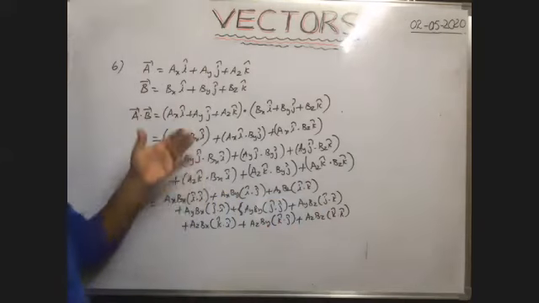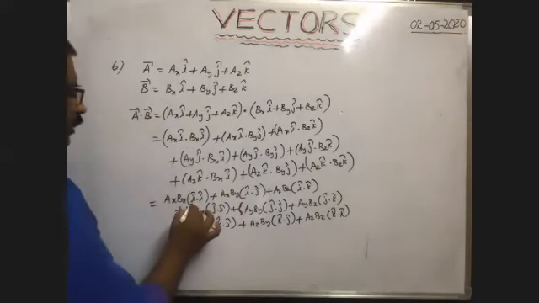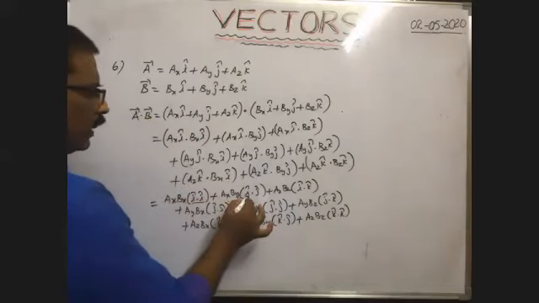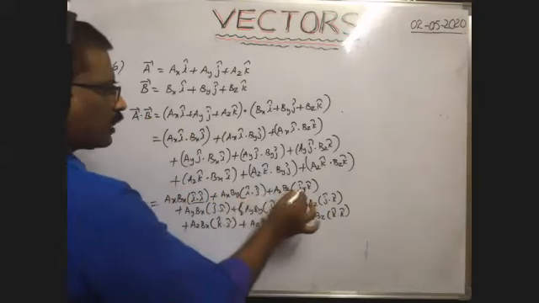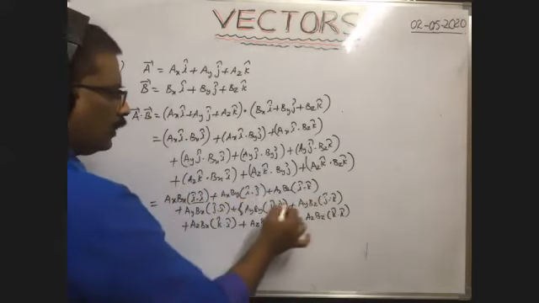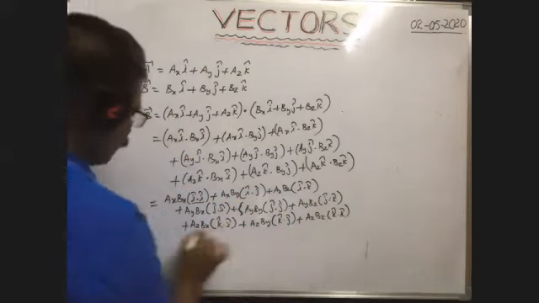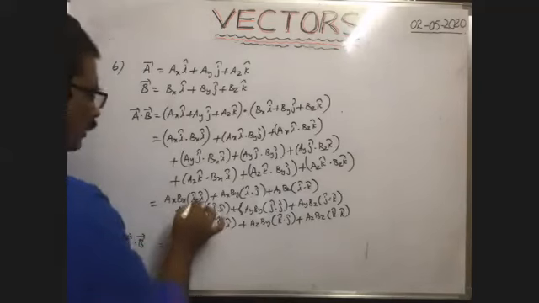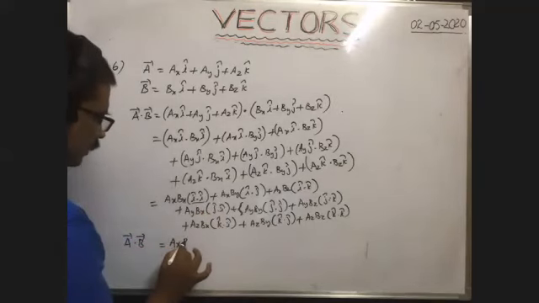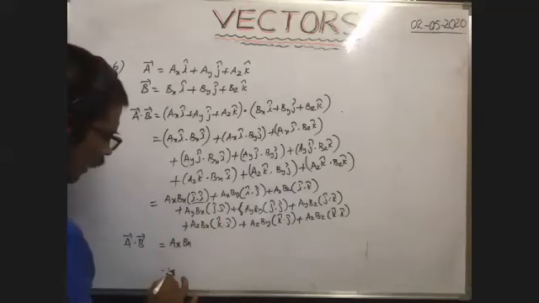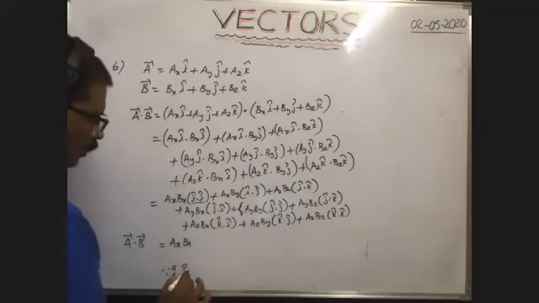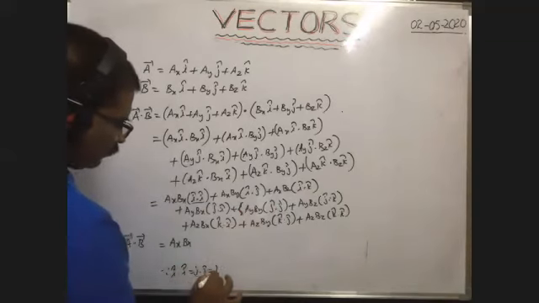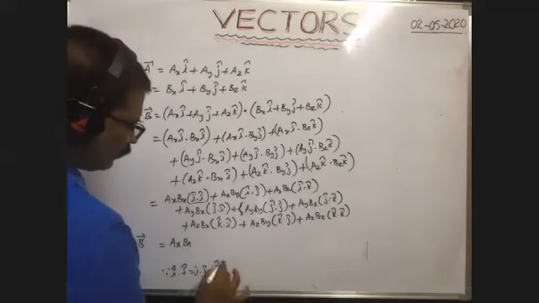Already in previous note points we observed that the dot product between two similar unit vectors is equal to 1. So this is 1. It is 0. So this term becomes 0, this term becomes 0, this term becomes 0. So the remaining is, a bar dot b bar is equal to ax bx, since I cap dot I cap is equal to 1, j cap dot j cap is equal to 1, k cap dot k cap is equal to 1.